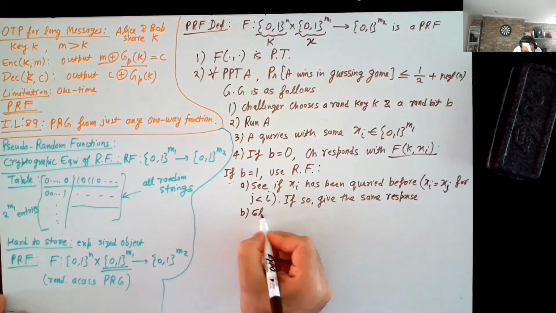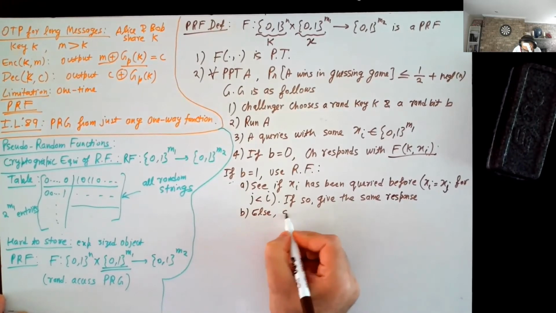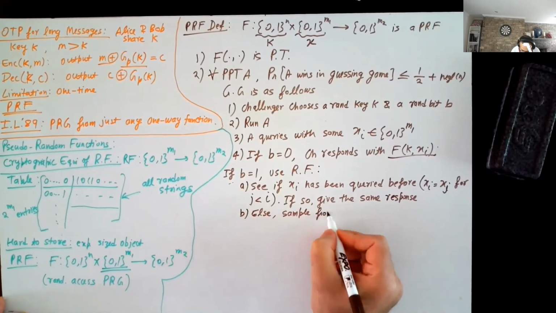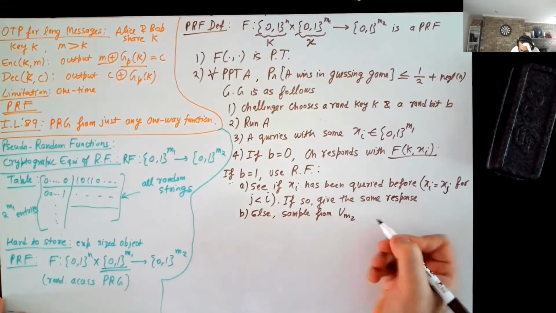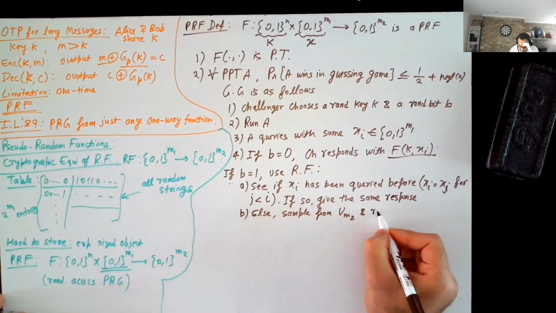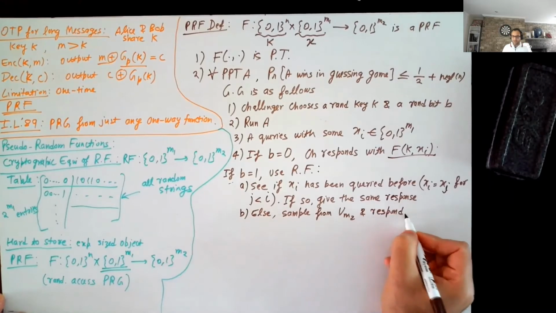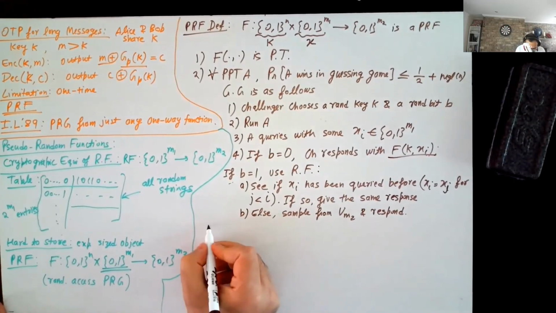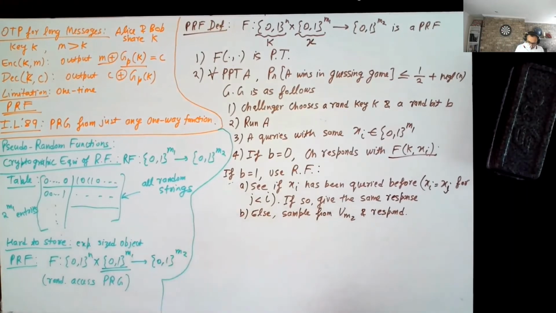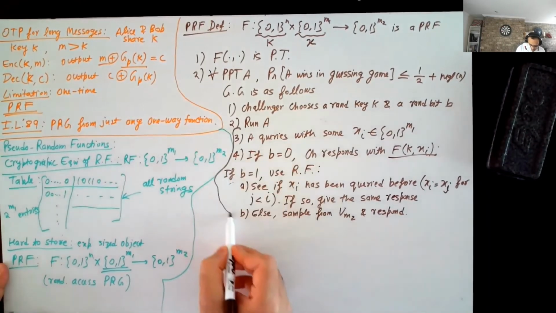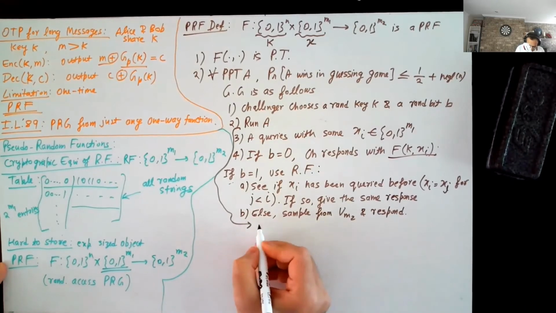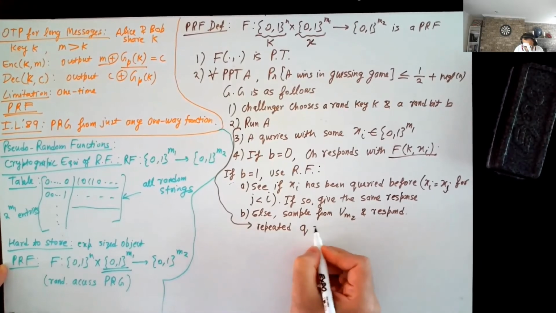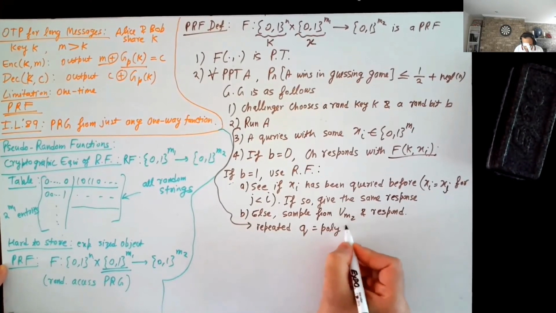Else, sample from U of m2 and respond. And by the way, these steps 3 and 4 can be repeated any polynomial number of times.